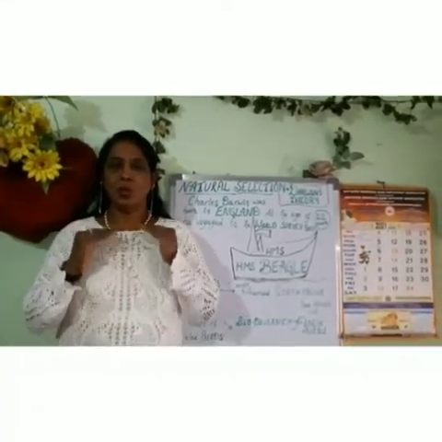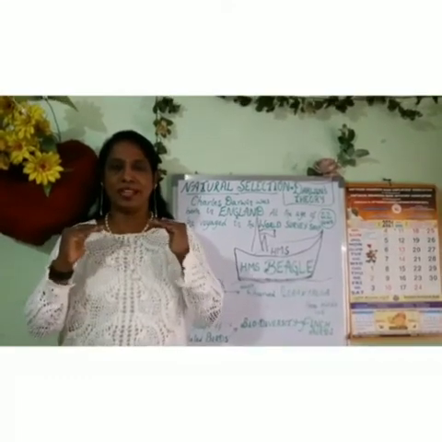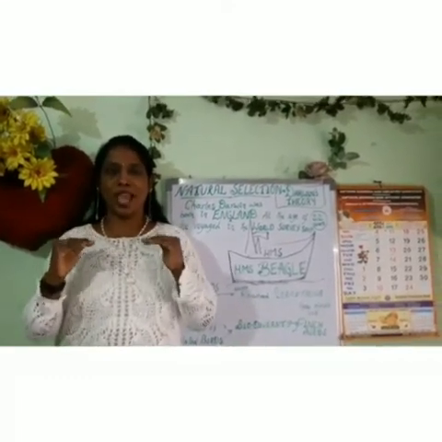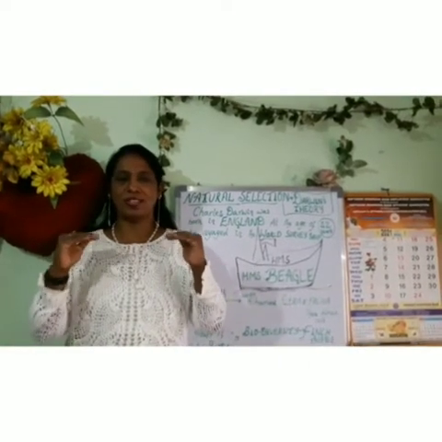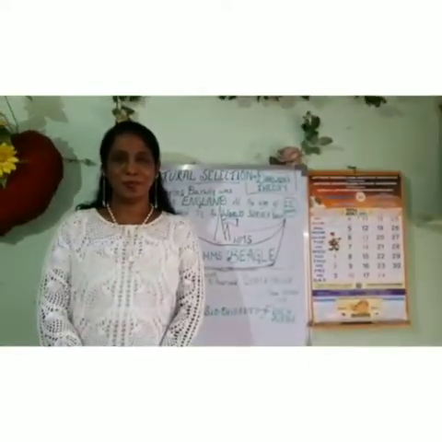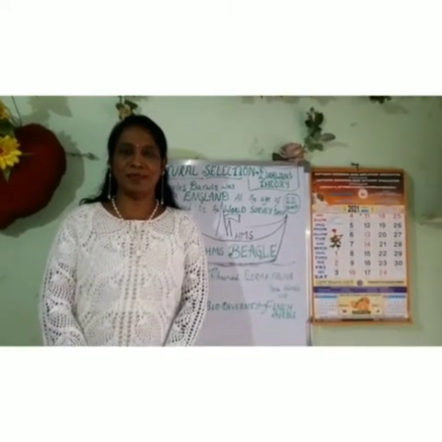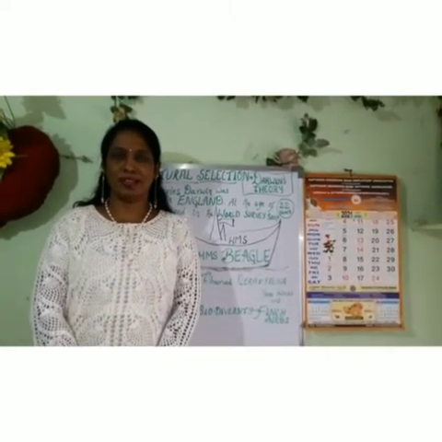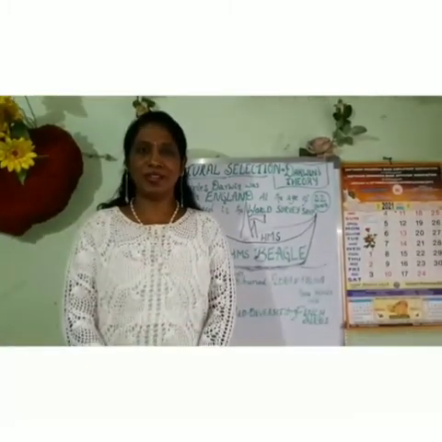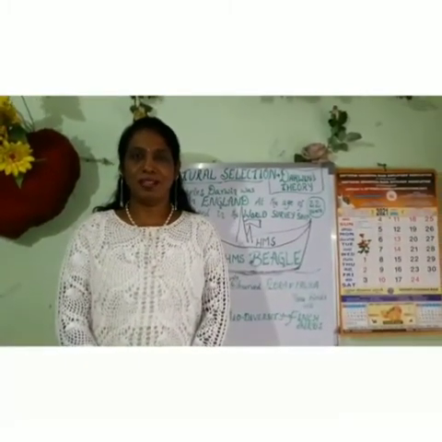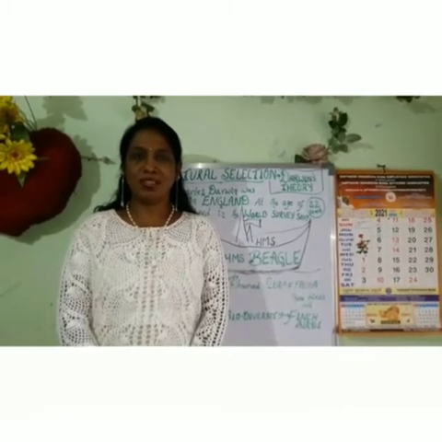Natural selection means that nature itself selects which organisms should survive or perish. The organisms with useful traits are going to survive. If the traits are not useful, the organisms will not survive.